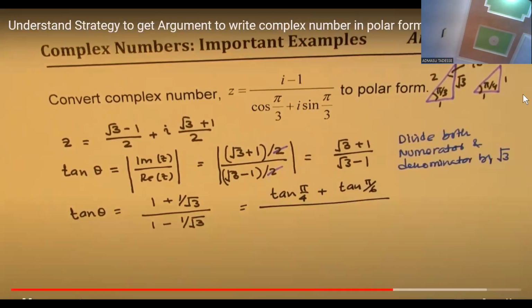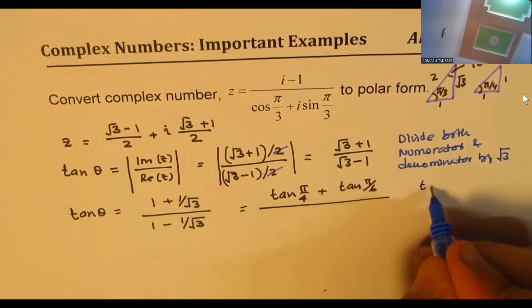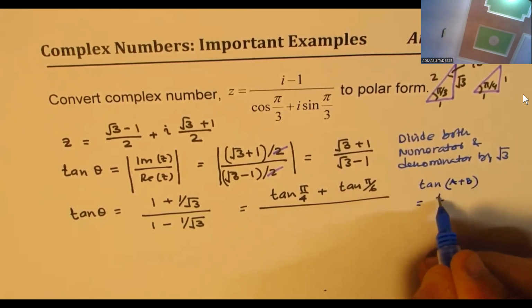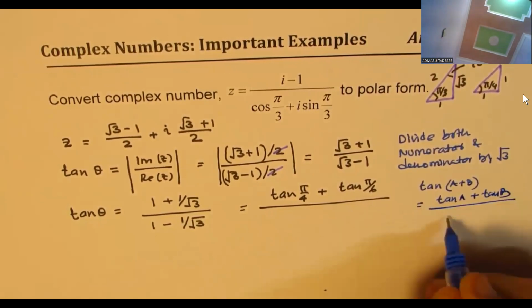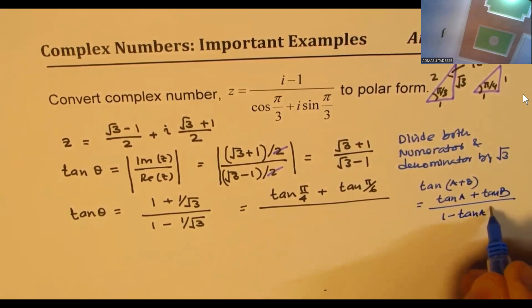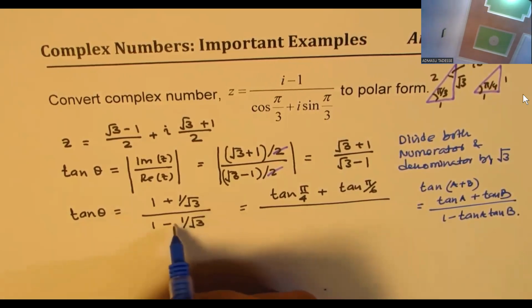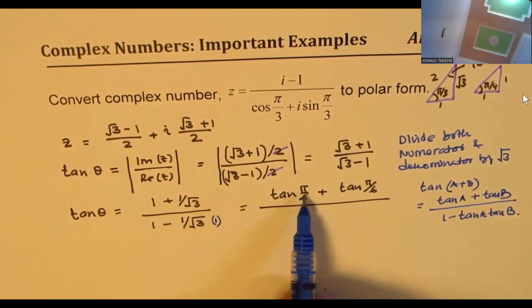Now, if you recall, we have the tan (A plus B) formula. Let me write it down here. Tan of (A plus B) is (tan A plus tan B) over (1 minus tan A tan B). So I got the numerator part correct. Now in the denominator, I have 1 minus something. We could think about multiplying by the number 1, which is tan of pi by 4.